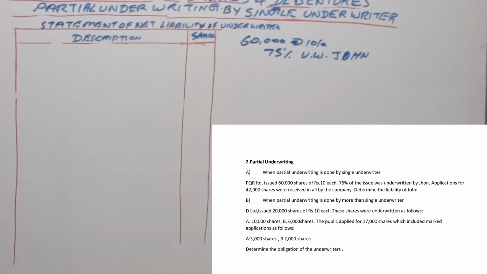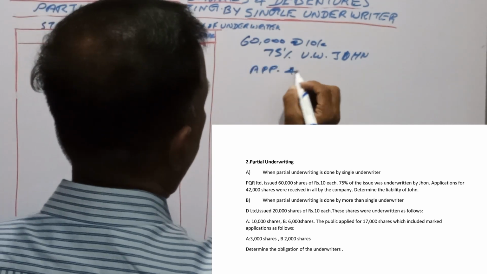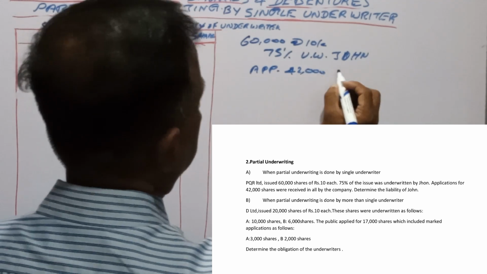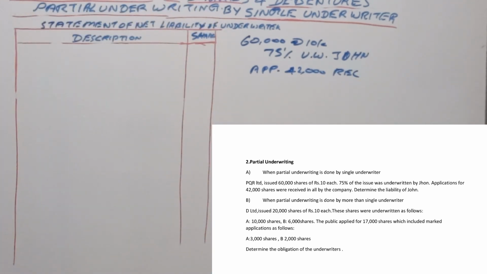Applications for 42,000 shares were received in all by the company. Determine the liability of John.